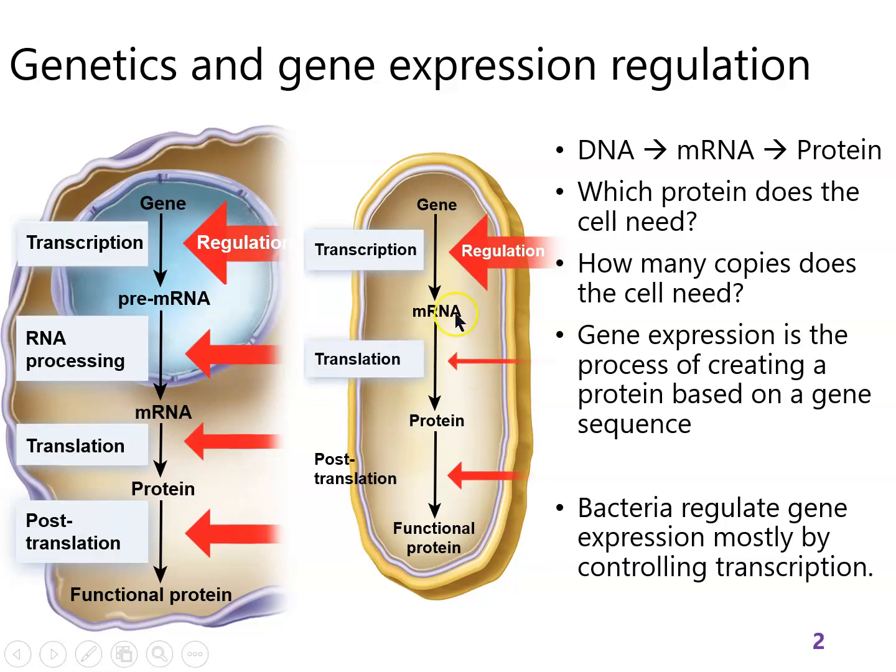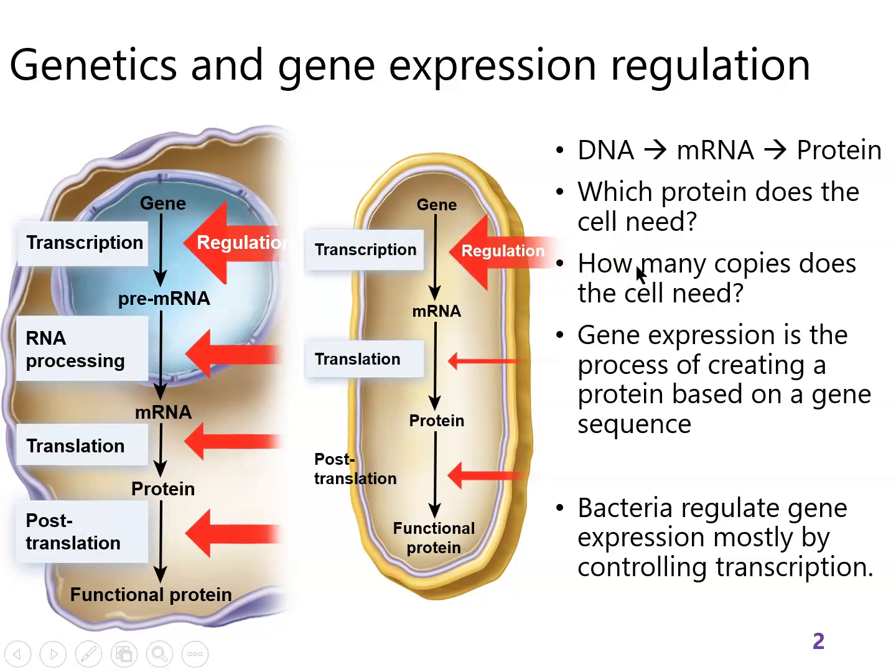And the other thing I'd point out is that almost all the regulation happens at the level of transcription. So in bacteria, if you understand how they control whether or not they transcribe a gene, you are understanding how they control how much of a protein they make. Because very little happens downstream of that. Most of the regulation happens at transcription.